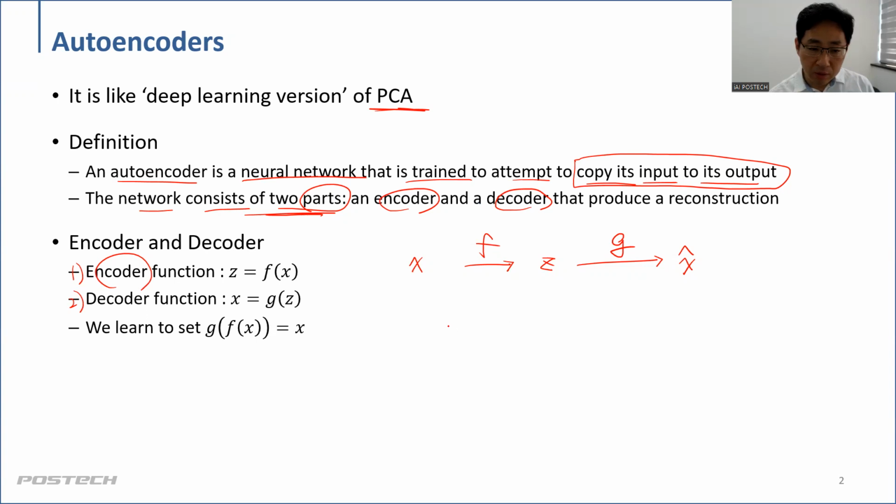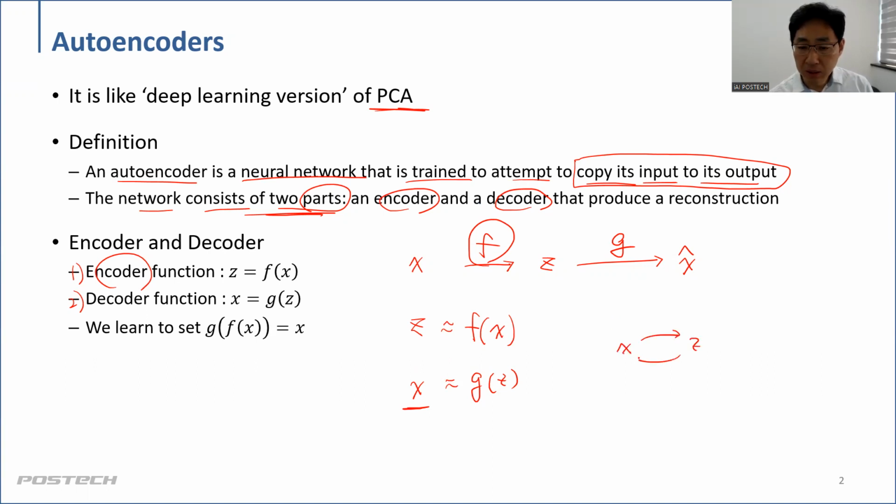Starting from X, we don't know what this function is, but we hope that Z is some kind of another variable, and from Z we reconstruct X. So we call them encoders and decoders.